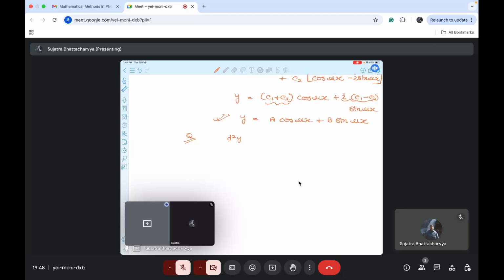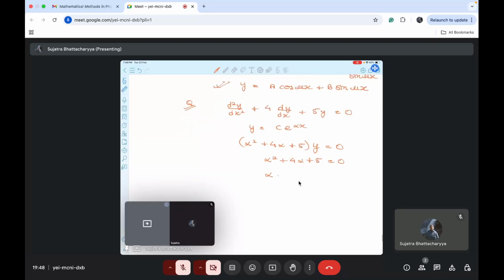So d2y by dx2 plus 4 dy by dx plus 5y is equal to 0. So again, y is equal to c e to the power alpha x. Put that here, alpha square plus 4 alpha plus 5 into y is equal to 0. We need non-trivial solution. So alpha square plus 4 alpha plus 5 equal to 0.